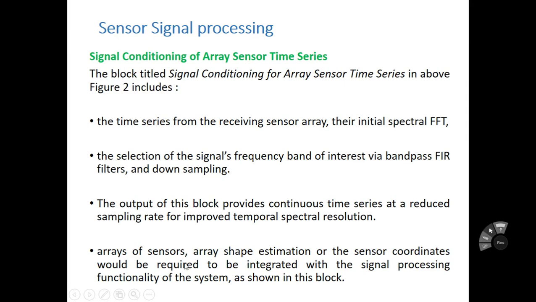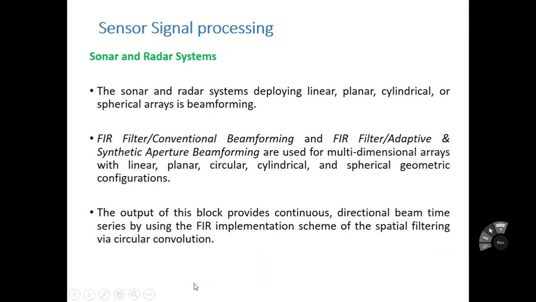For the array of sensors and array shape estimation, sensor coordinates would be required to be integrated with the signal processing functionality of the system. The other block, in the sonar and radar system deploying linear, planar, cylindrical or spherical arrays, is beamforming.